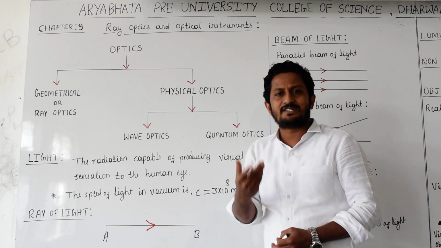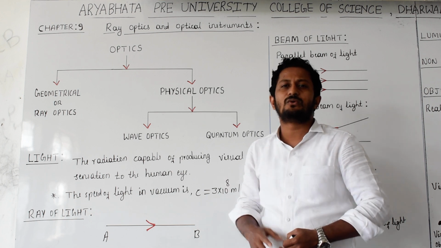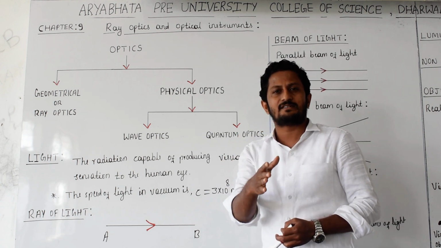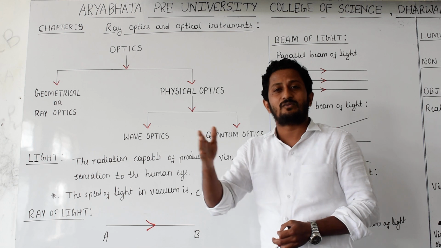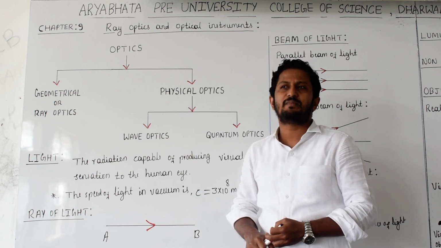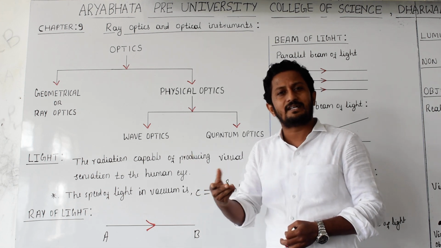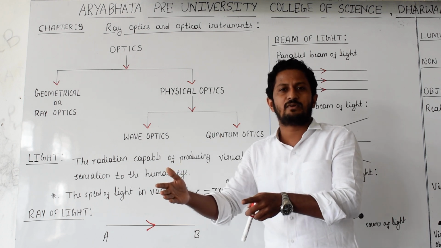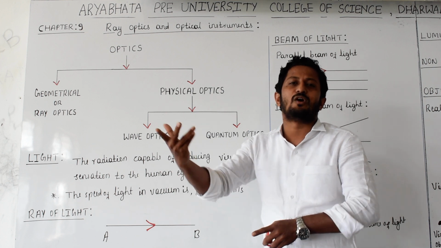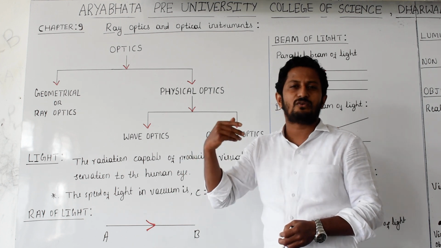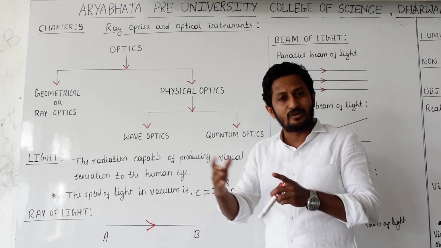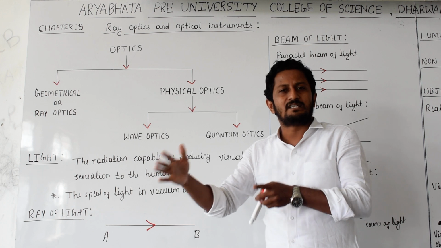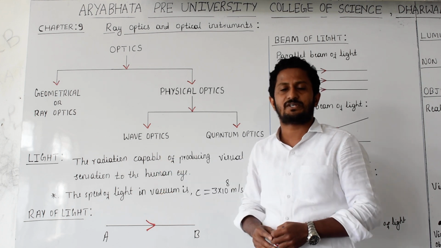Actually, light exhibits two kinds of natures: one is wave nature and another one is particle nature. I mean, to explain some phenomena, we treat light as a particle, that is, light executing particle nature.